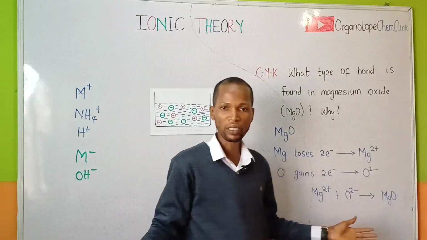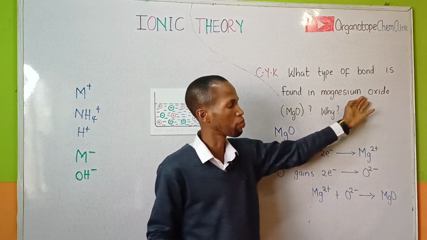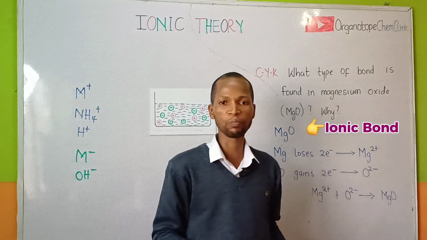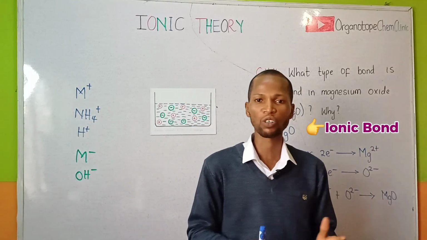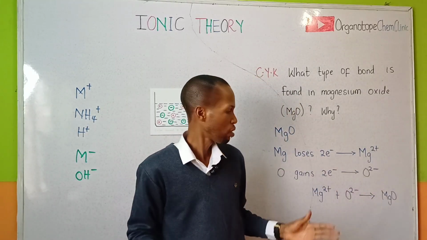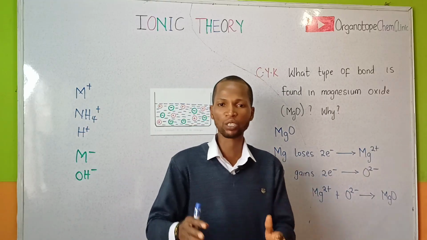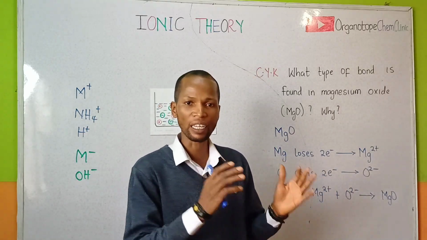Make sense? What type of bond is formed by magnesium oxide? The bond type is ionic bond, also known as electrovalent bond. Why? This is because there is an exchange of electron between the metal and the non-metal.